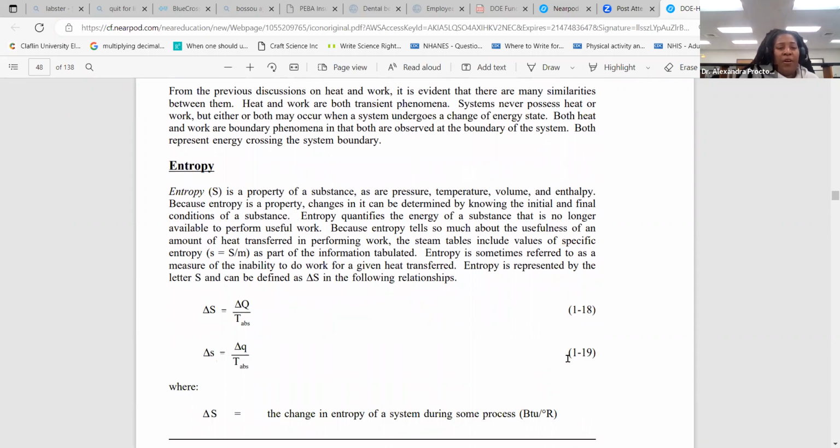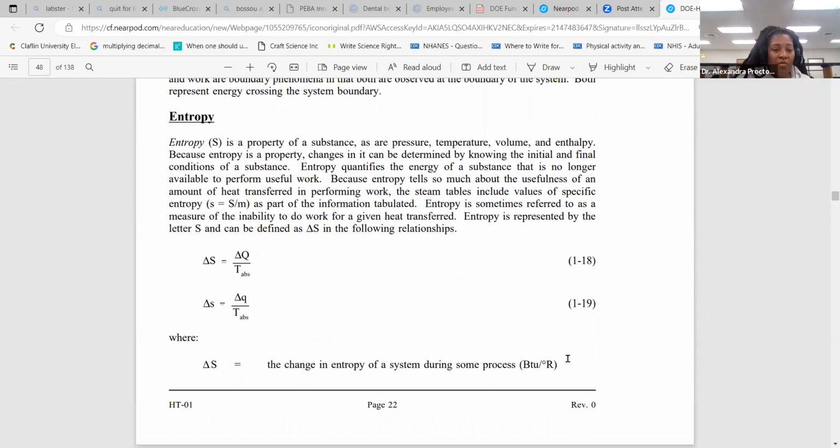So entropy is referred to as the measure of the inability to do work for a given amount of heat transfer. The entropy is represented by the letter S and is defined by delta S. So delta S, where delta means the initial and final conditions of a substance, is equal to delta Q over T absolute, T ABS. Okay.